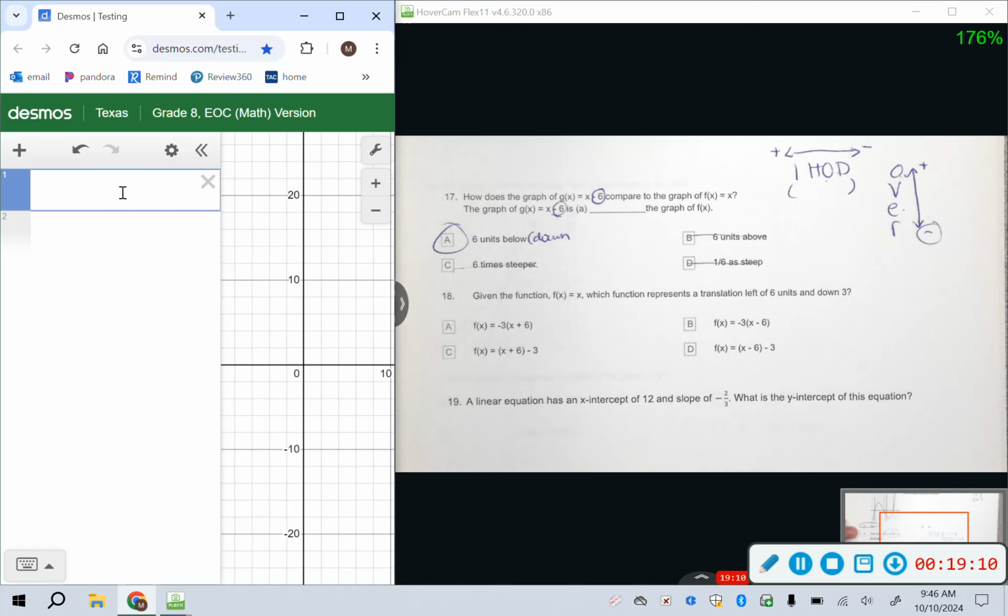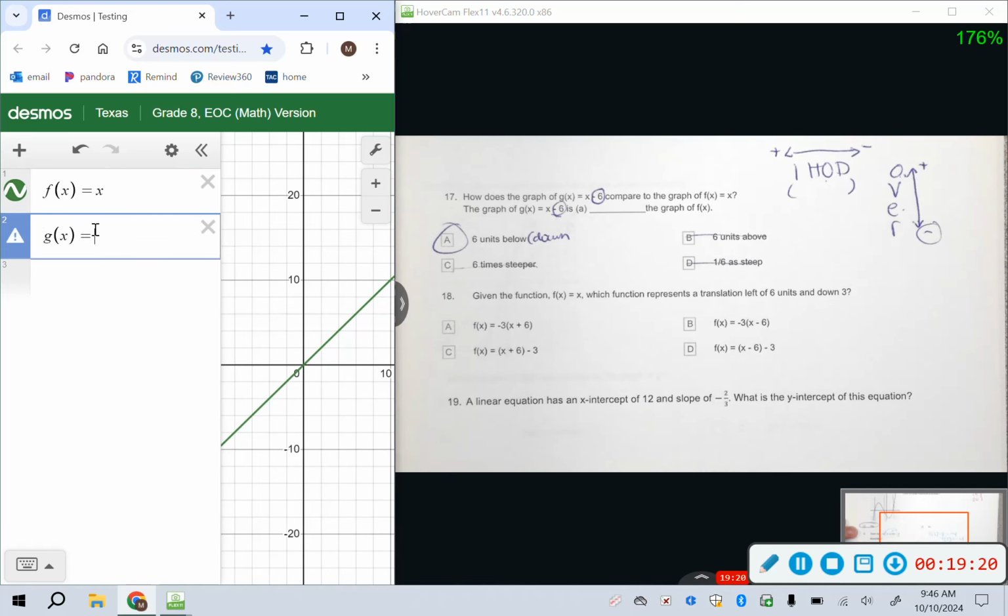So you could have done f of x equals x, and that's the original. And then here you could have done g of x equals x minus 6, and I see that it went down 6. 6 units below.